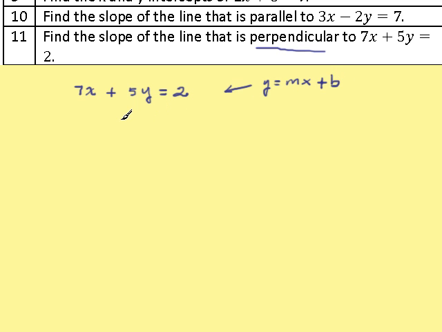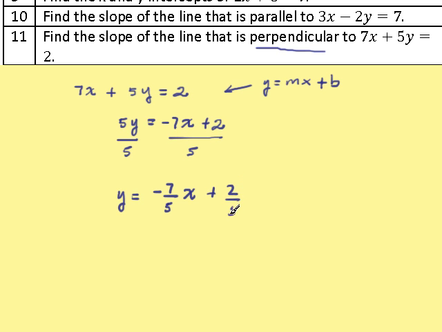So subtract 7x from both sides, or bring that 7x to the other side as minus 7x. And now divide both sides by 5. So we have minus 7 over 5 x plus 2 over 5.